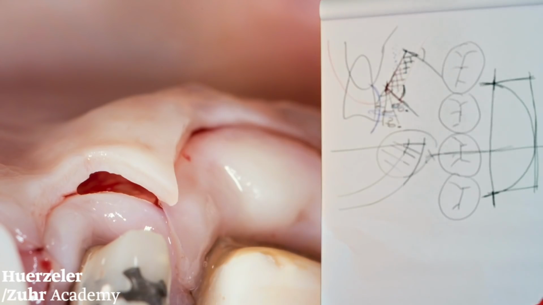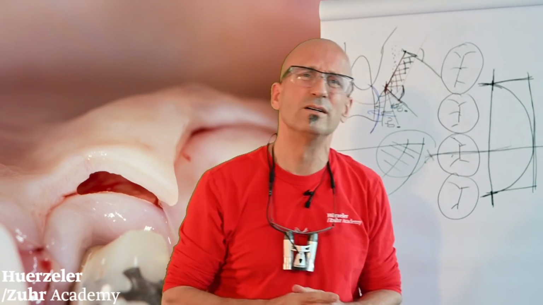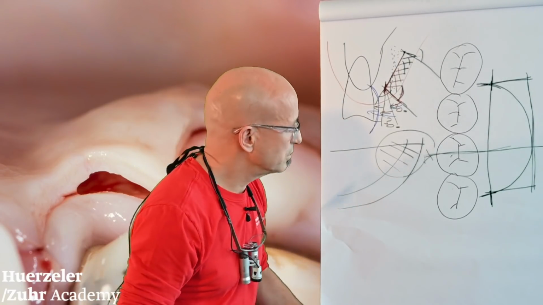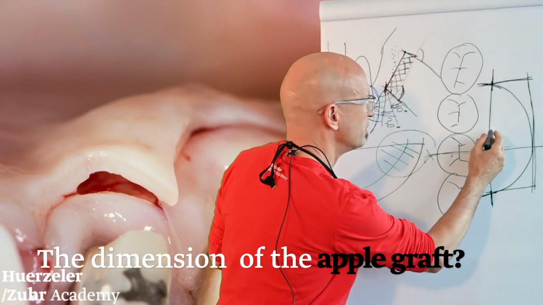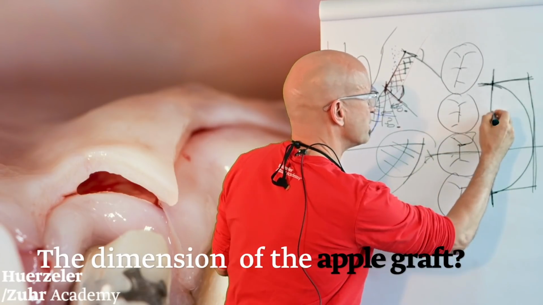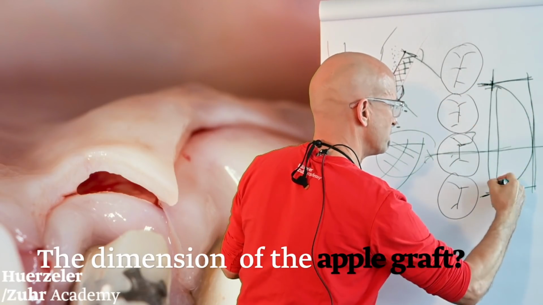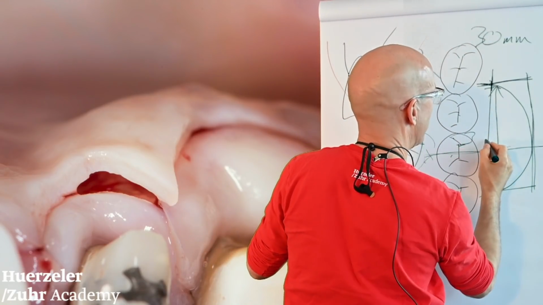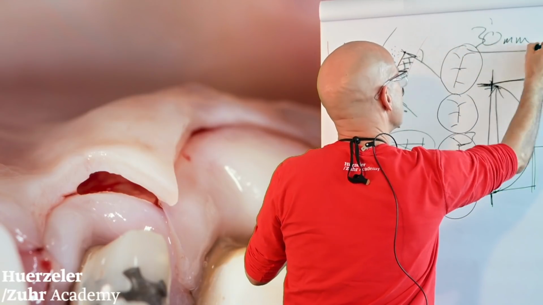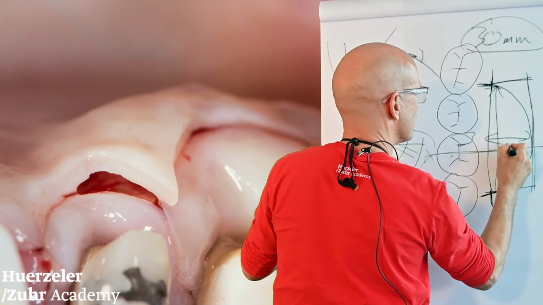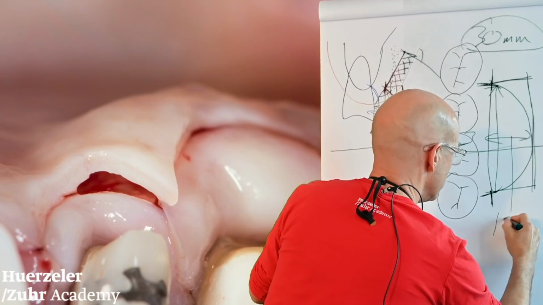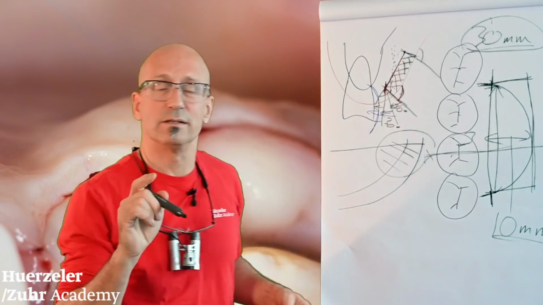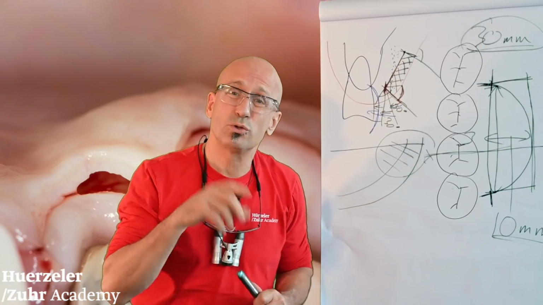Other questions? In the apple exercise, how big should this graft be when people try this at home? And in millimeters, what do you recommend? Do it about 30 millimeters in length and 10 millimeters in width, so they don't make the grafts too small.